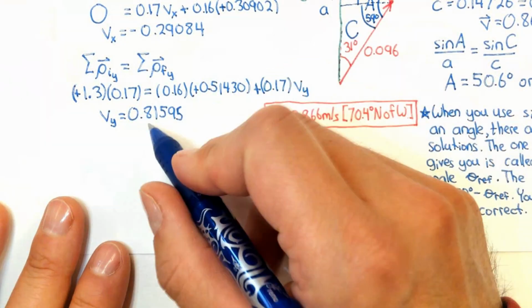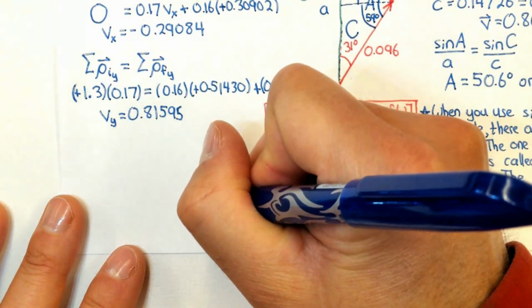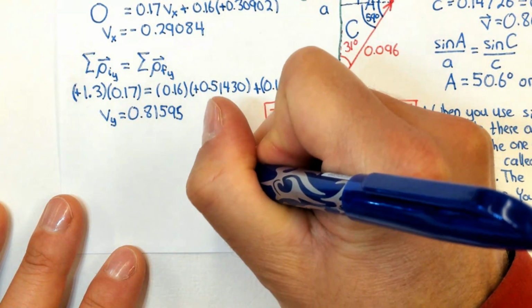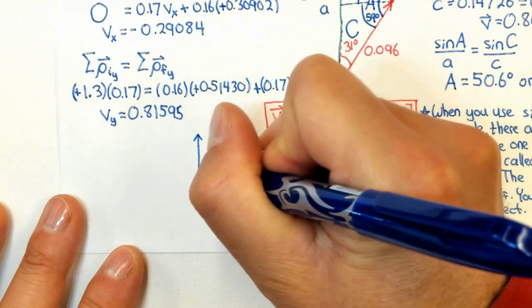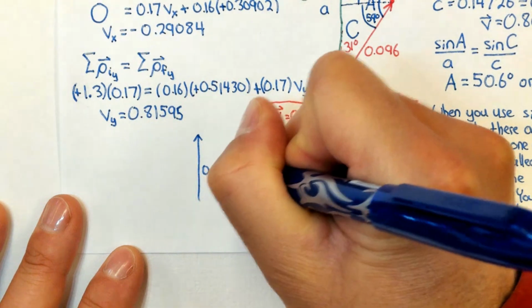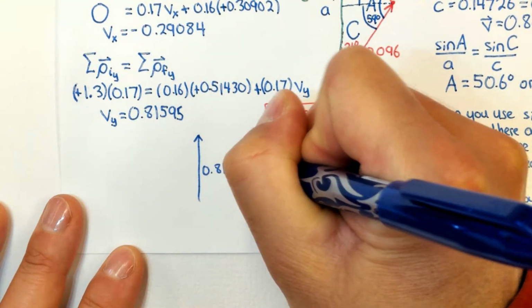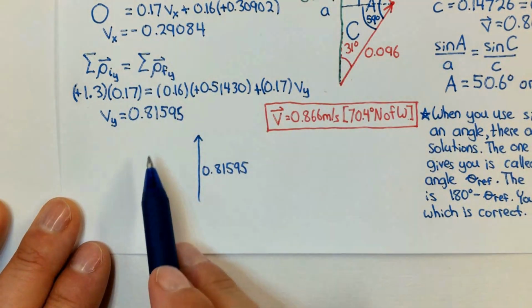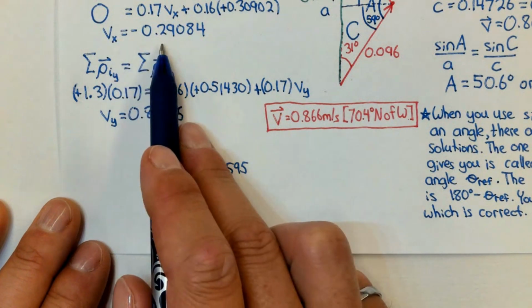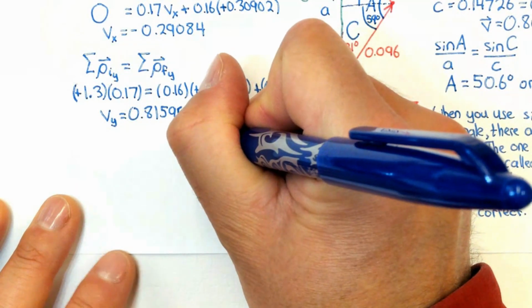So my y component is 0.81595. And my x component is negative 0.29084.